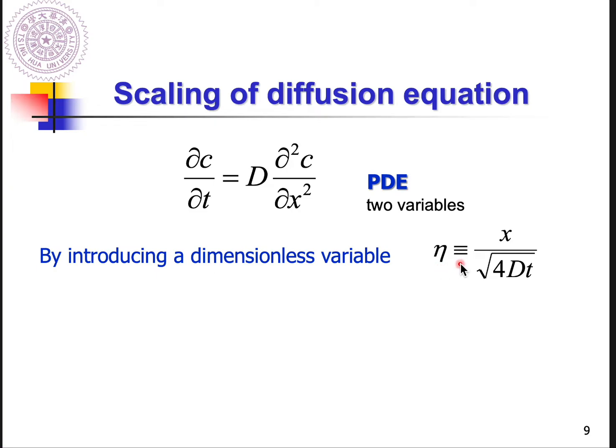Iota is defined as x over the square root of 4Dt. So we try to convert this diffusion equation to partial c, partial iota, only with 1 variable iota.